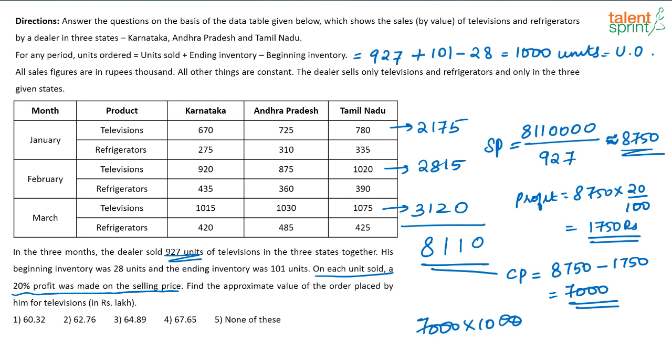So I'm getting 7,000 thousands, right? But that's not there in the option, and the other options given also don't seem very close, for us to approximate. So I think we will have to go with none of these as the answer. Yes, you should go with none of these as the answer. 70 lakhs is what we are getting. None of these.